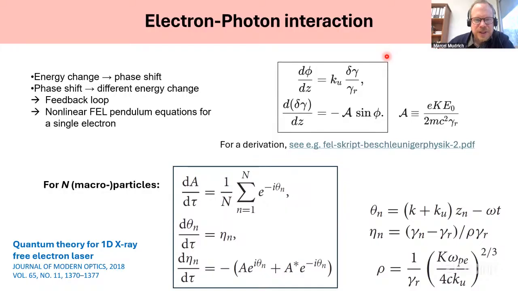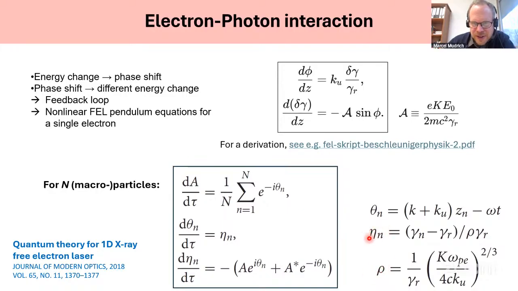pendulum equation, in the sense that we have the derivative of a phase that relates to eta, and eta is, you can see here the definition of eta, the deviation of the energy. Gamma is the relativistic Lorentz factor, which is proportional to energy, and its deviation from the resonance value, in relative terms, normalized to the FEL parameter.